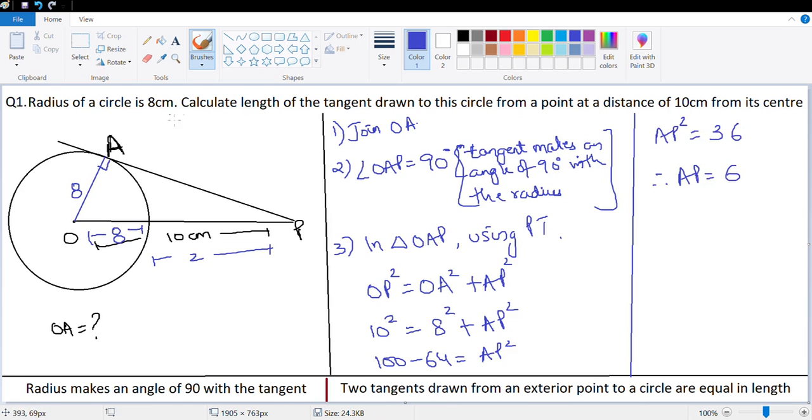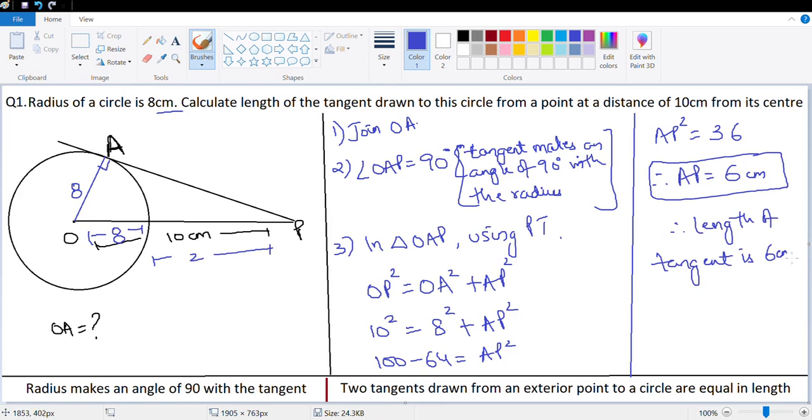The unit given is centimeter, therefore the length of the tangent is 6 centimeter.